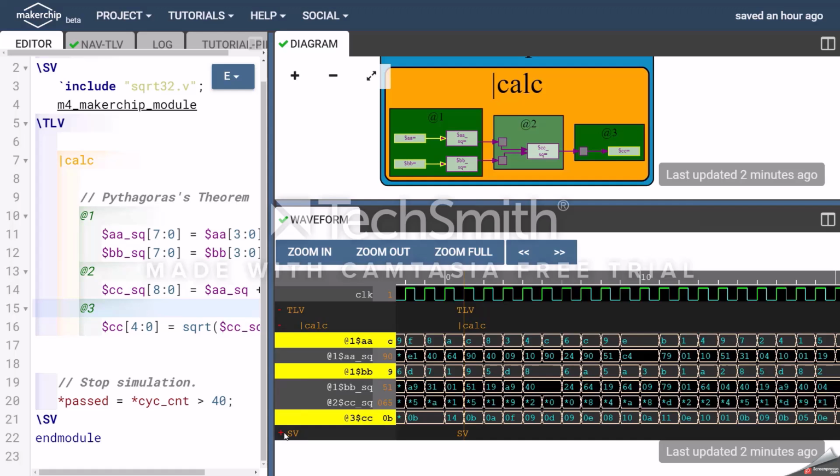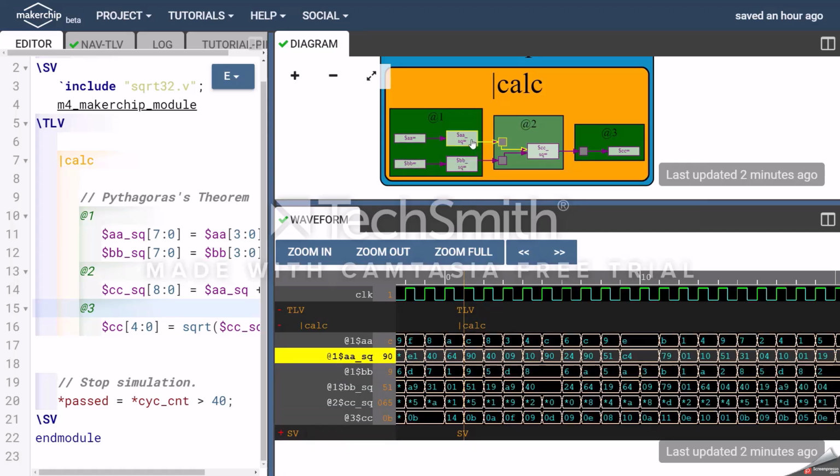The waveform does load all of the SystemVerilog signals for the simulation as well. And in an RTL sense, if we look at this A squared signal, for example, the A squared stage 1 and the A squared stage 2 are just 2 independent signals from an RTL point of view. The timing-abstract modeling in TL-Verilog unifies those, so they're thought of as a single pipe signal.